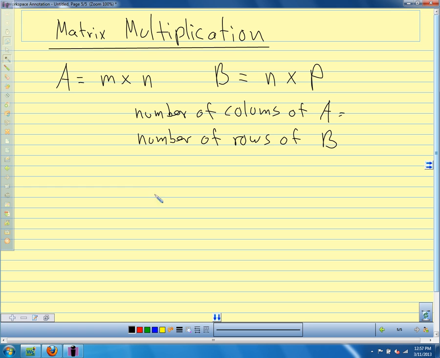So A times B, and I'm going to write m by n times n by p.